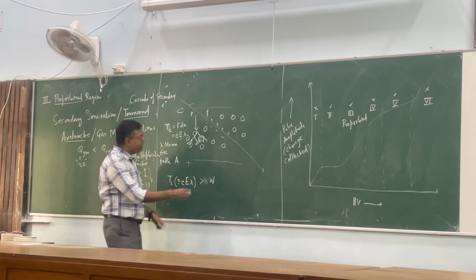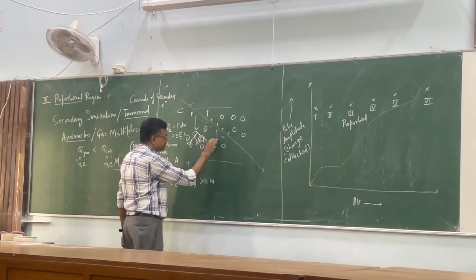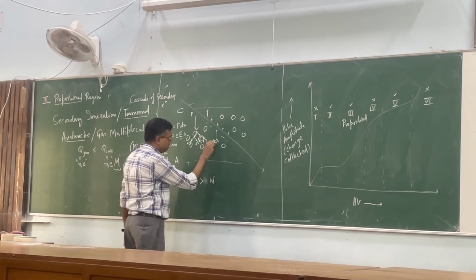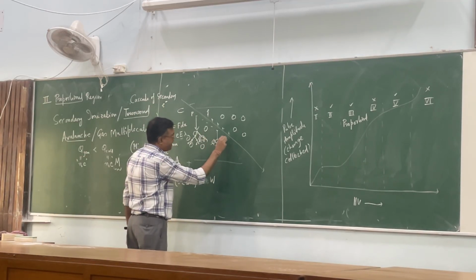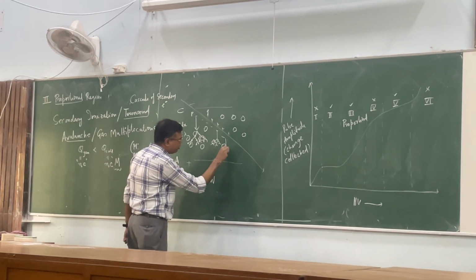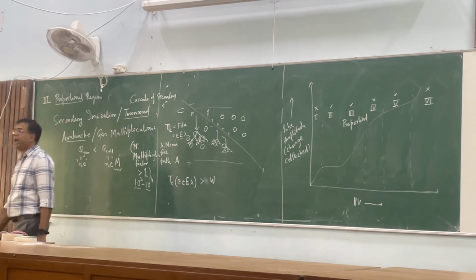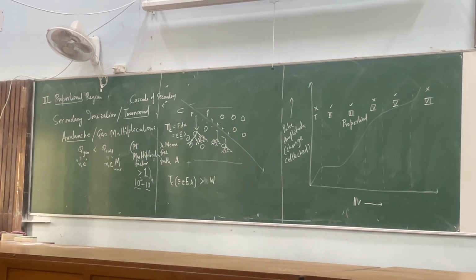Now, another electron which was released will also do the same thing. It cascades another electron, which will also start doing the same thing. So you have plenty of avalanches going on. Each of the primary electrons which were produced will start creating its own avalanche.